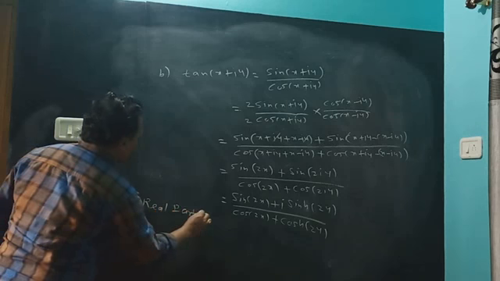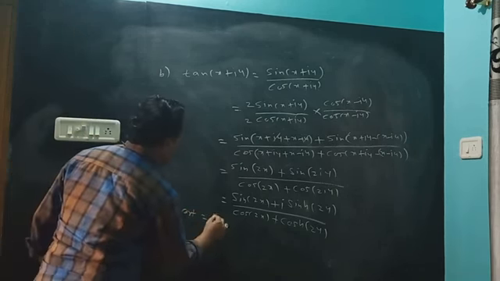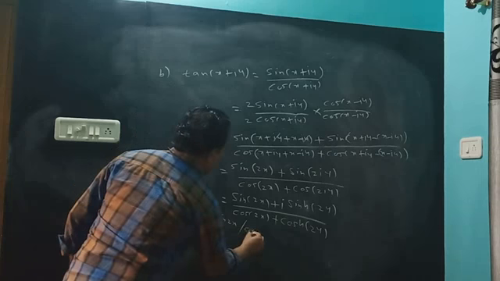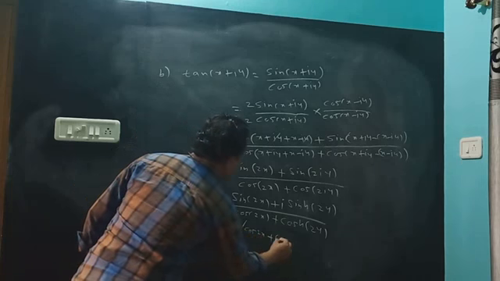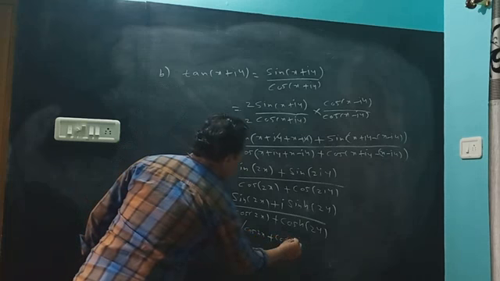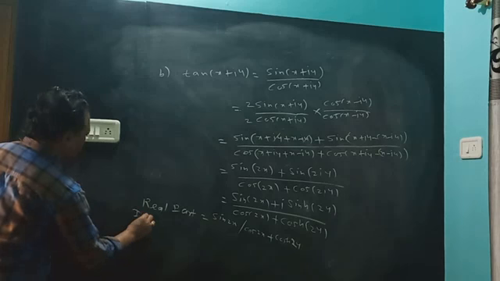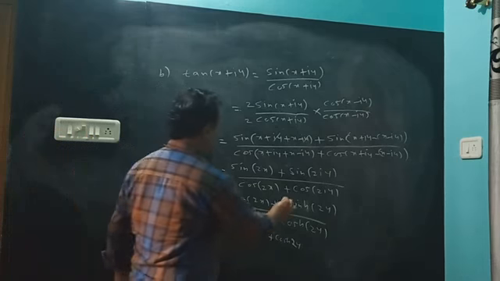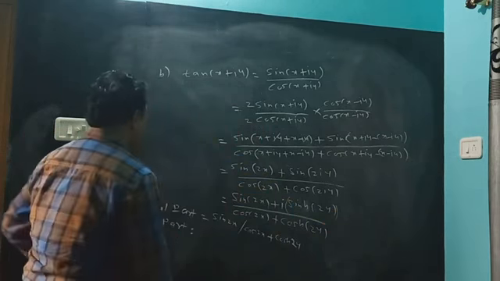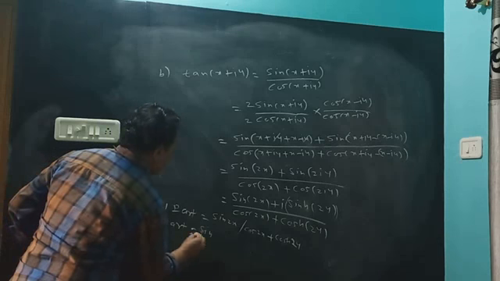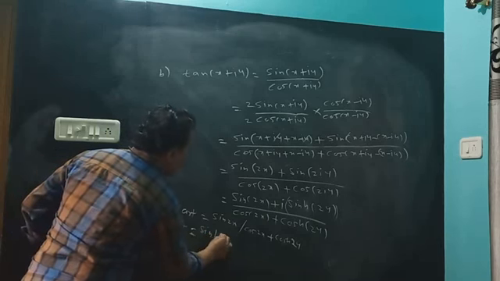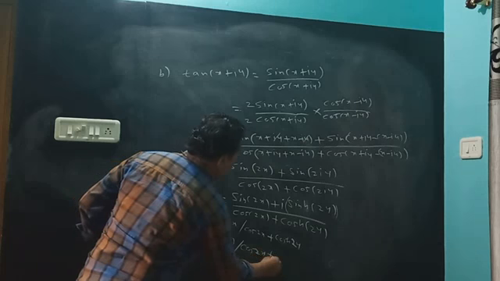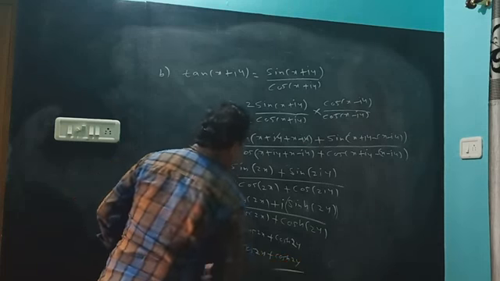So real part will be sin 2x upon the denominator, same, cos of 2x plus cos h 2y, and imaginary part is I multiplied by sin h 2y upon the same, cos of 2x plus cos h 2y, complete.